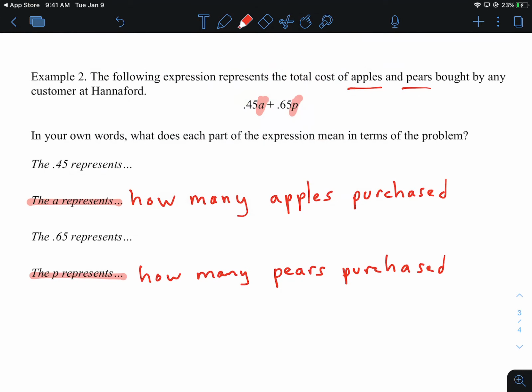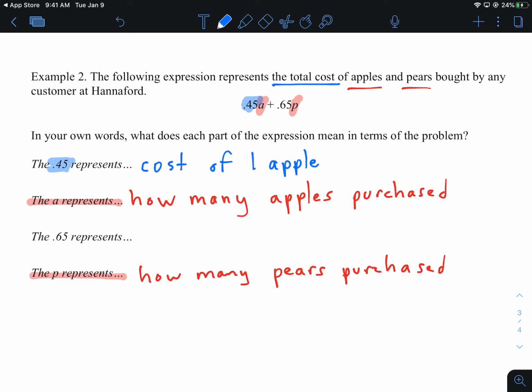Then we have the question of what does the 0.45 represent? Let's look at it in the expression. The 0.45 is the coefficient on the A, so it must tell us about the rate for apples. And because this expression represents the total cost, the rate is going to be the cost for each apple, or the cost of one apple.